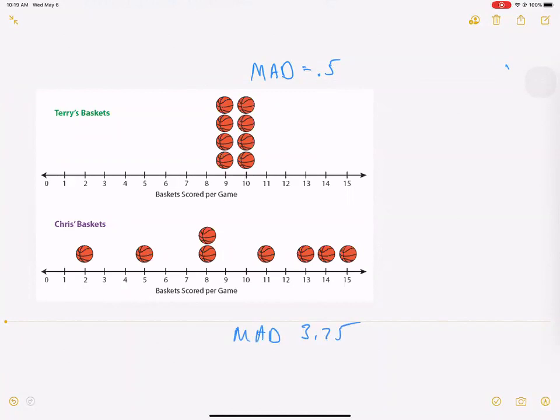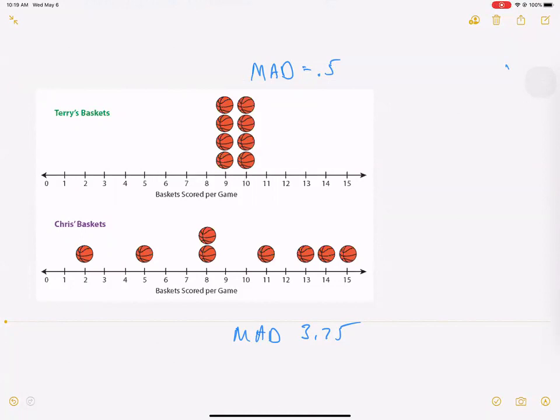Now, if I go and show you these stats, so not just for the 8 games we played, but imagine if these were all the scores he scored for the whole season. And you get a basketball player whose average point score is 9.5. That's a lot of baskets. Okay? He's contributing to the win. And his mean absolute deviation is only 0.5.